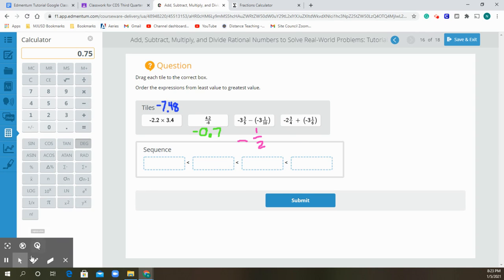So this is negative 2.75 plus negative, and then let's do 1 divided by 6 equals 3.16666.